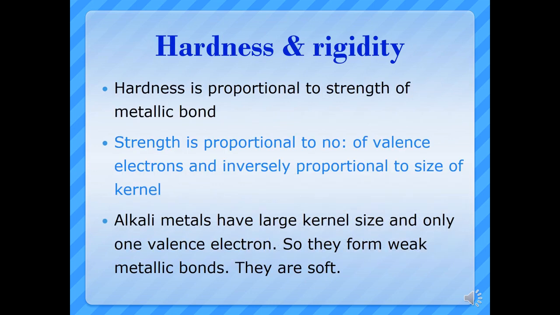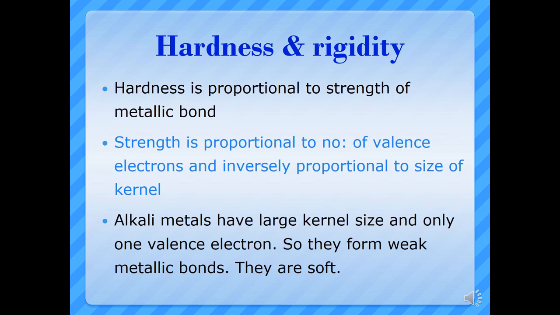Then, as we know, metals also have high hardness and high rigidity. They are very hard and rigid. Both these properties can also be explained using free electron theory. The hardness is proportional to the strength of the metallic bond. Greater the strength of the metal, greater will be the hardness of the metal.